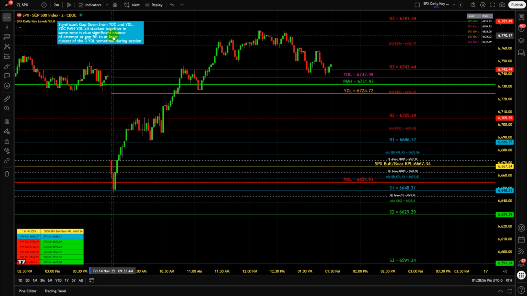So this is a clue that there is a significant chance of an attempt at a gap fill, at least to the closest of the 3 levels here, the closest to the gap down level being YDL. So keep that in mind.